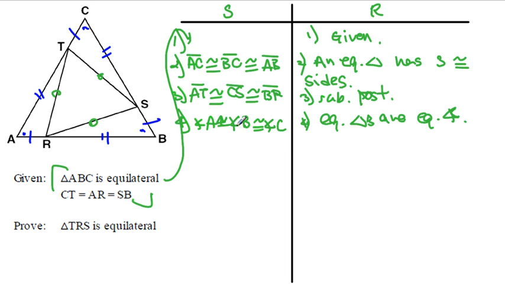So therefore angles A, B, C are all congruent. This allows us to say triangle ATR must be congruent to triangle CST, which is also congruent to triangle BRS.